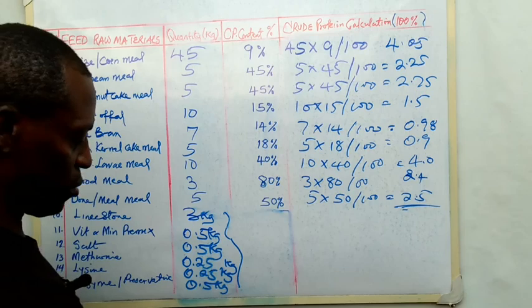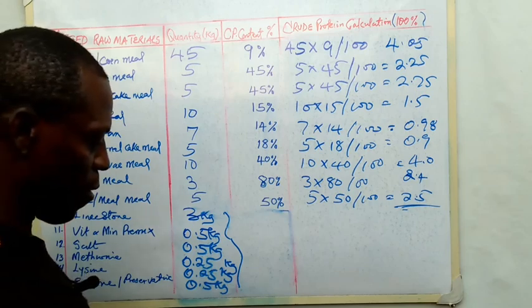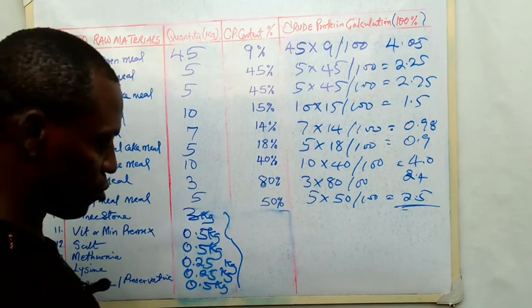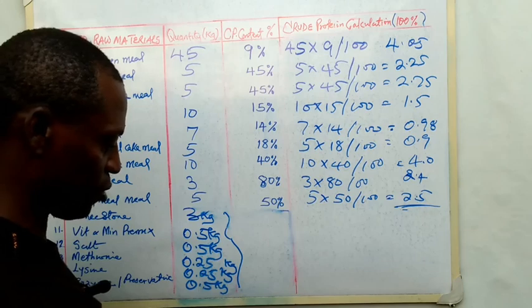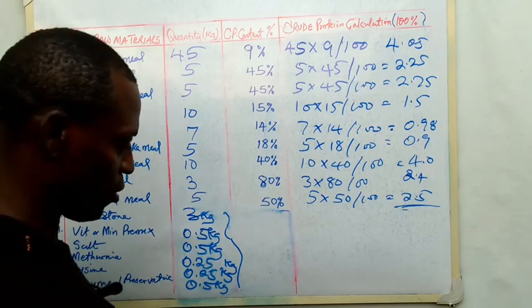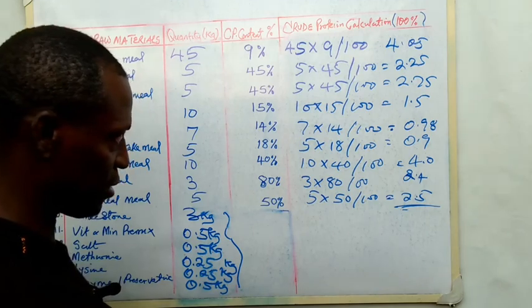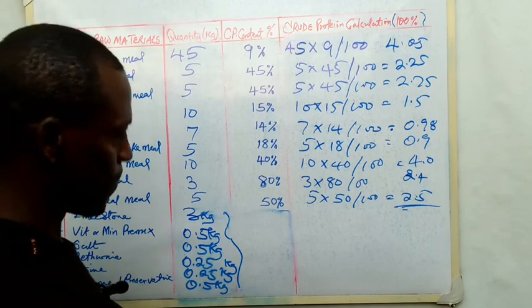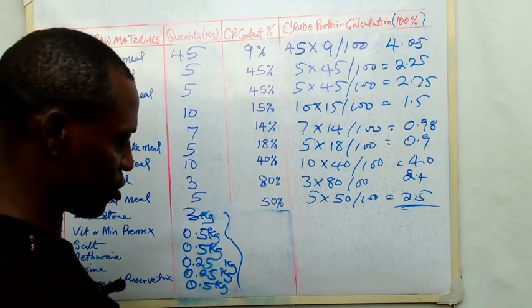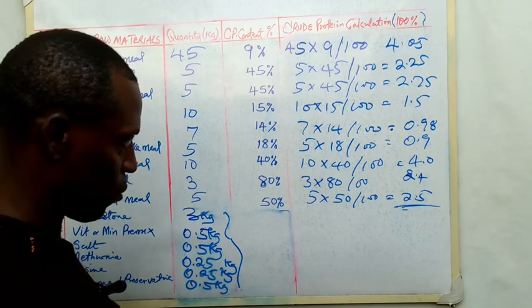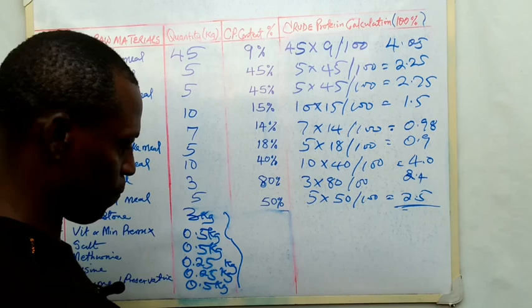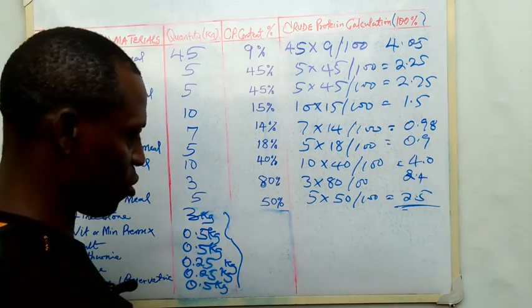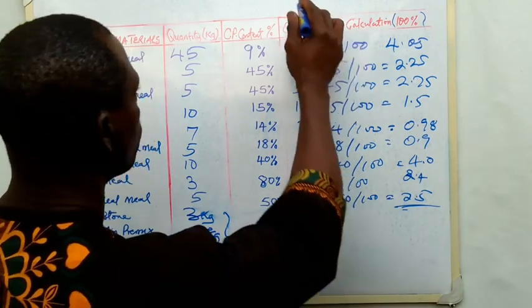This is 4.05 plus 2.25 plus 2.25 plus 1.5 plus 0.98 plus 0.9 plus 4 plus 2.4 plus 2.5 equals 20% crude protein.